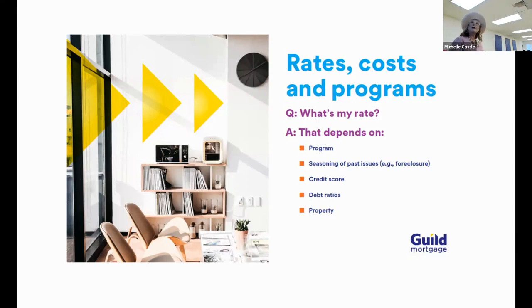So you have to have all of the details, someone has to do an application. We've got to pull their credit report and we need to run their loan through AUS. And really, before we run a loan through AUS, we need their income and their employment information. And then we can give them an accurate interest rate based on today. By the time they go under contract, it could be different.